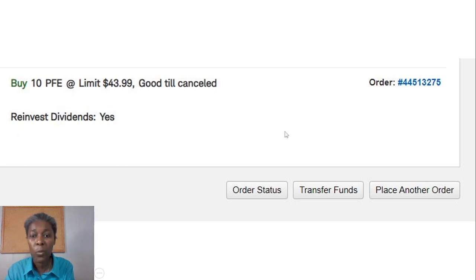It will give you the option to click on order status, to check on orders that you placed, to see what went through, what have not, the stocks that they have not purchased yet for you. Or you can click place another order to go through the same process again with another stock.